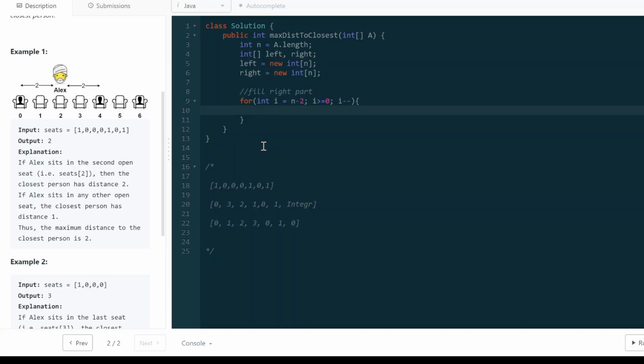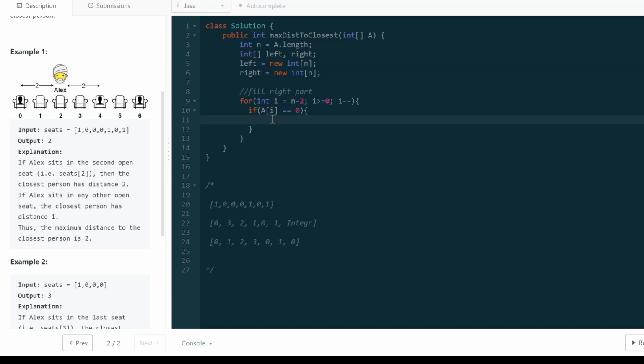Okay, we will see whether it's working or not, but we will start with: if a of I equals 0, then only of course we are able to sit, right? So right of I equals right of I plus 1, plus 1.